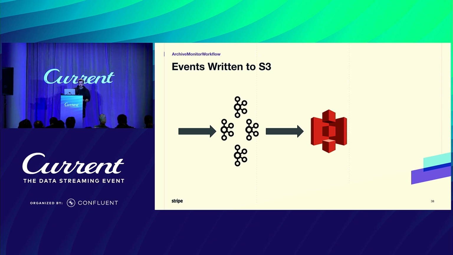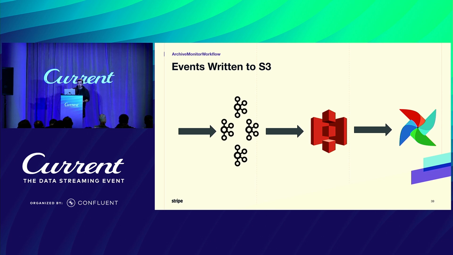We have this batch job that runs on a 15-minute cadence that continuously consumes from all of our Kafka topics and then writes the data to S3. And it's important that it's there fairly quickly because there are a lot of downstream jobs that depend on this data being there within about an hour.